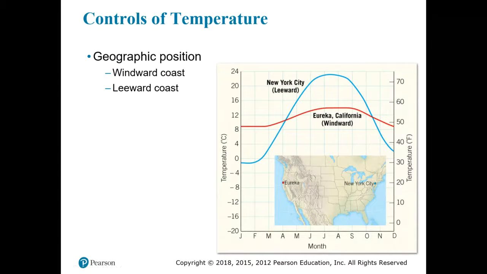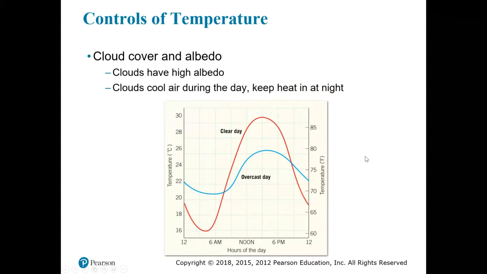So the geographic position controls temperature, not just altitude and location to the ocean, but also the windward coast and the leeward coast. So Eureka, California is on the windward coast, so it has more of a tempered climate, not as hot or cold, whereas New York City has more extremes because it's on the leeward coast.